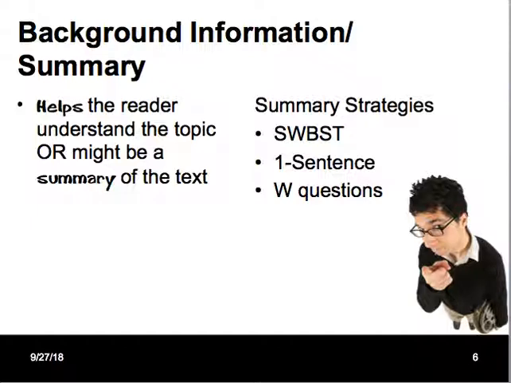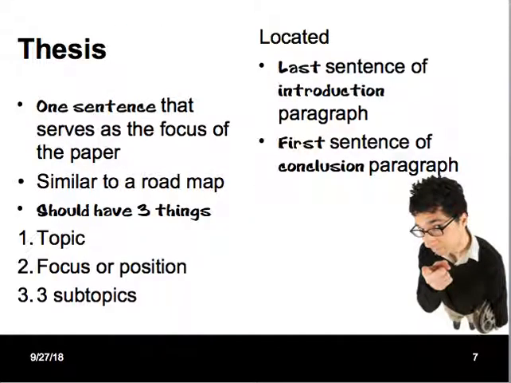So if you are doing a TDA on a text that you're reading, you might want to use that Somebody Wanted But So Then strategy, or that one sentence summary for your poem, or your W questions for your nonfiction. When you're reading, this is a great strategy to use. That leads us into our thesis. So, reminders: thesis should be the focus of your paper. It's like your roadmap. It should have your topic, your focus or claim or position, and your 3 subtopics. And remember where they're supposed to be located.